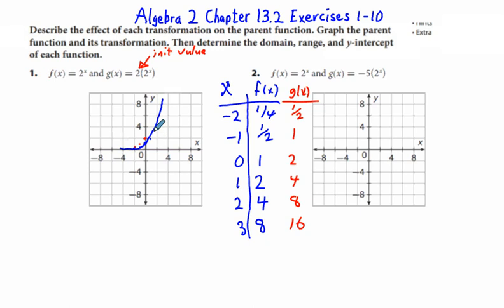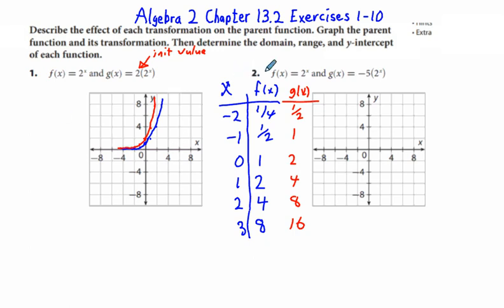And then as we go to the right, we have an input of 1 with an output of 4, so that's going to be right here. An input of 2 has an output of 8. And so we'll look like this. Okay, that's not such a bad drawing.